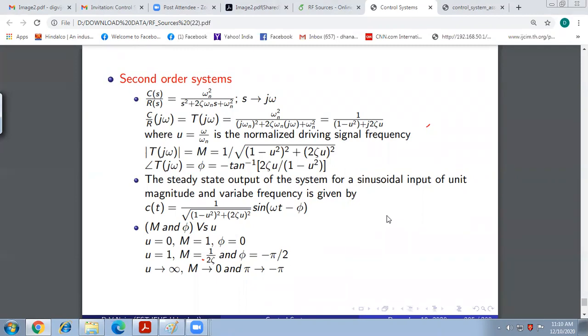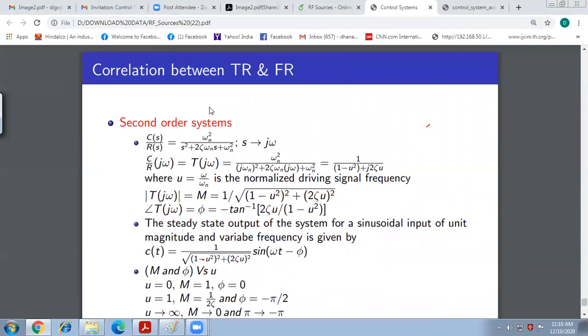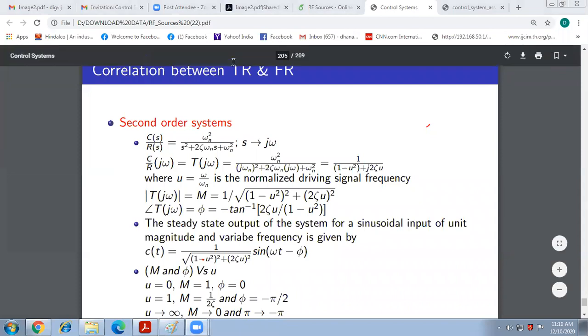Now we look into something called the correlation between time response and frequency response. Here we mathematically obtain a correlation, because when we say correlation, we should have some mathematics governing it.